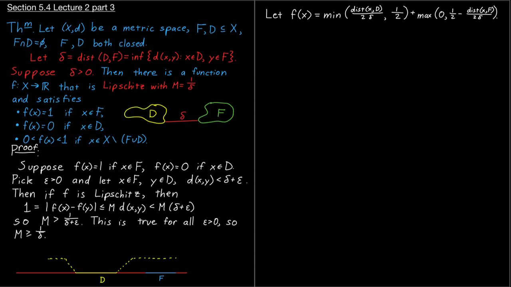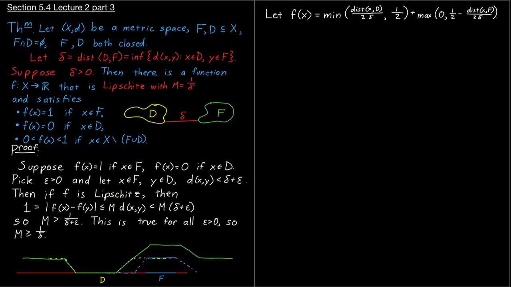It's 1/2 in F. It builds down as you move away from F, and it is 0 after that. And then when you add them together, you get something that's 0 in D, that's 1 in F, and sort of ratchets down and up outside of that.